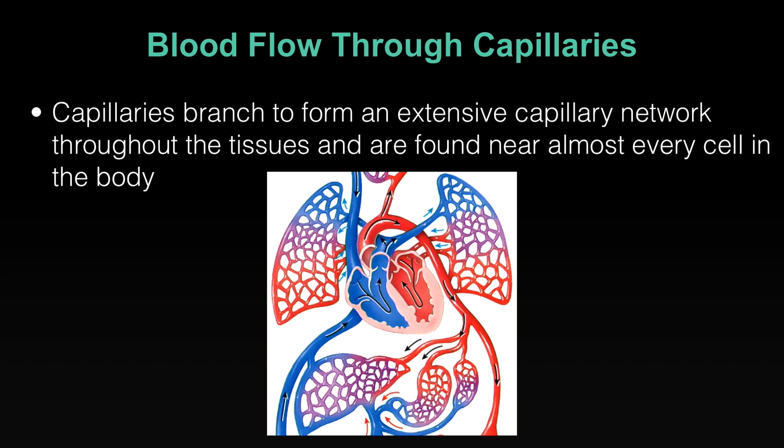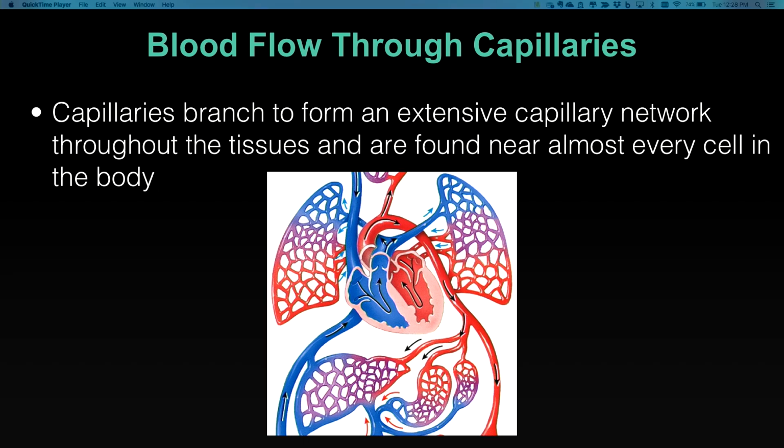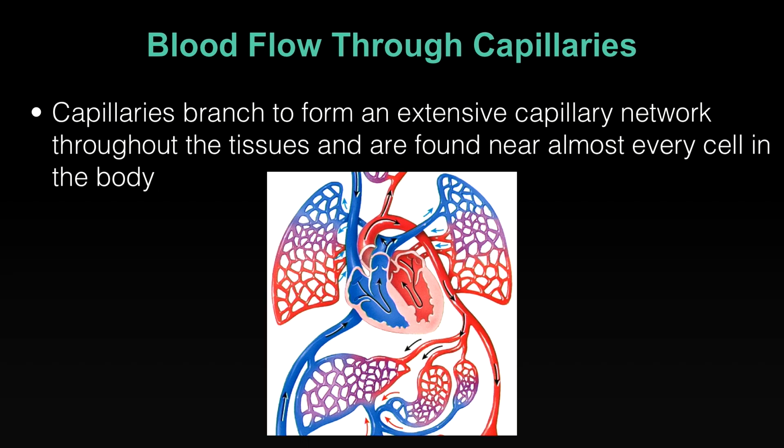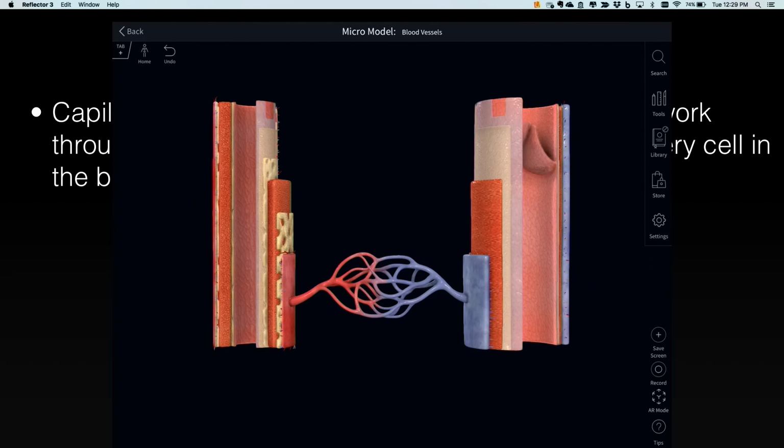Now, being microscopic, it's often hard to imagine blood flow through a capillary bed and the transfer of substances. Actually, first what I want to do is show you what it might look like.